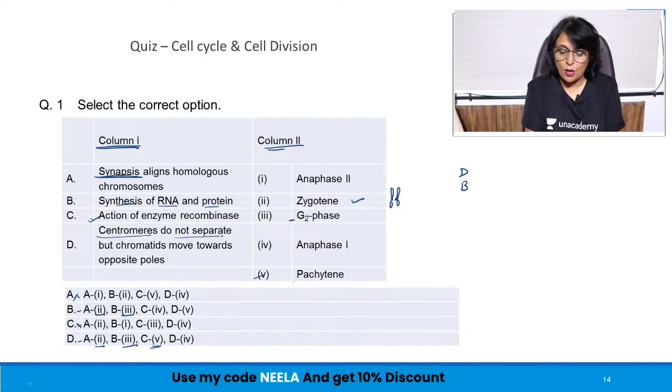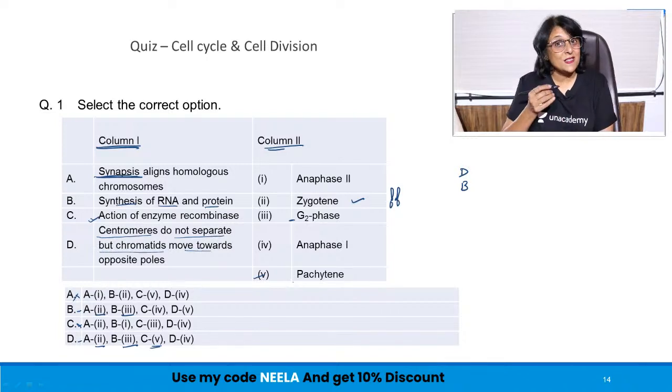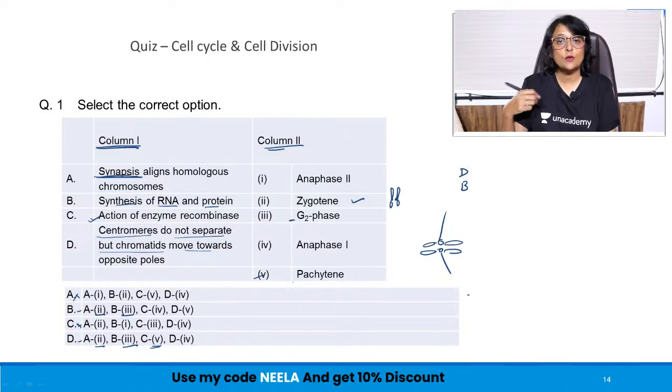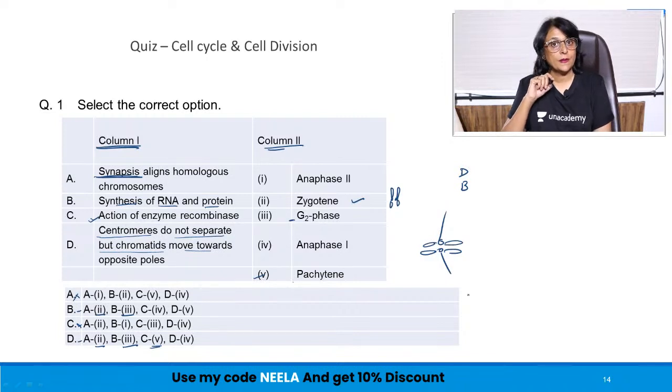Centromere does not separate, but the chromatids move towards the opposite pole. This is the most important statement which we have to cross check. What does this mean? It means that the chromosomes have aligned on the equatorial plane and one chromosome moves towards one pole and the other moves towards the opposite pole. That means there is no splitting of centromere.